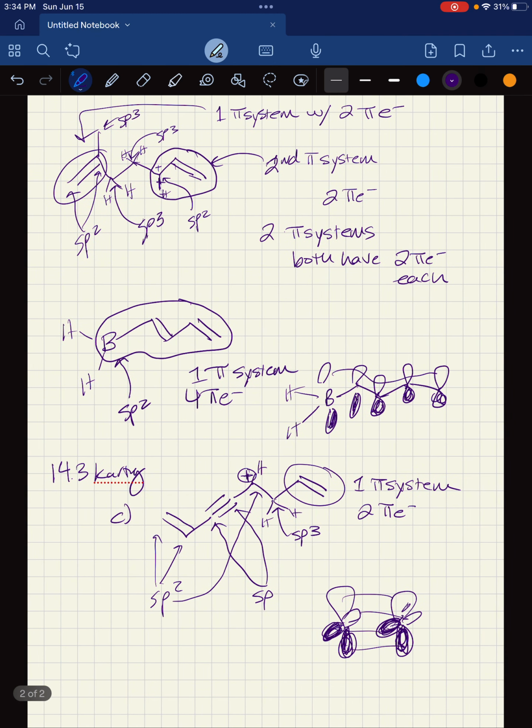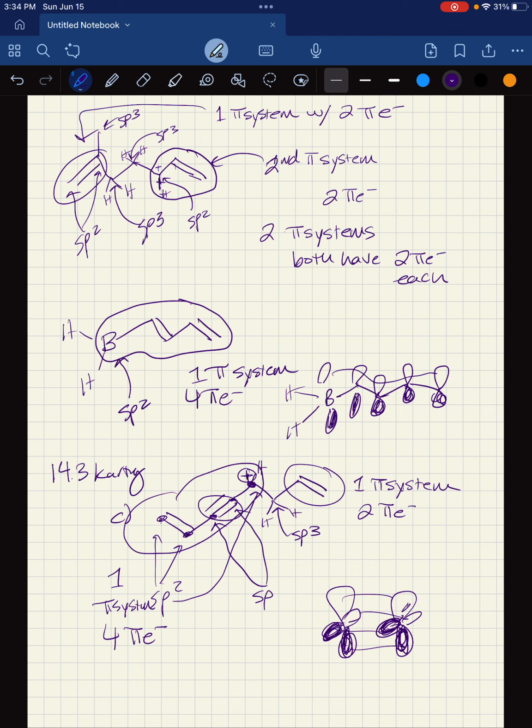But since we do have this network of sp2, sp, sp, sp2, and sp2 hybridized atoms, you'll have one pi system with 4 pi electrons, because we'll have the pi electrons from one of the double bonds, and then 2 pi electrons from one of the pi bonds in the triple bond.